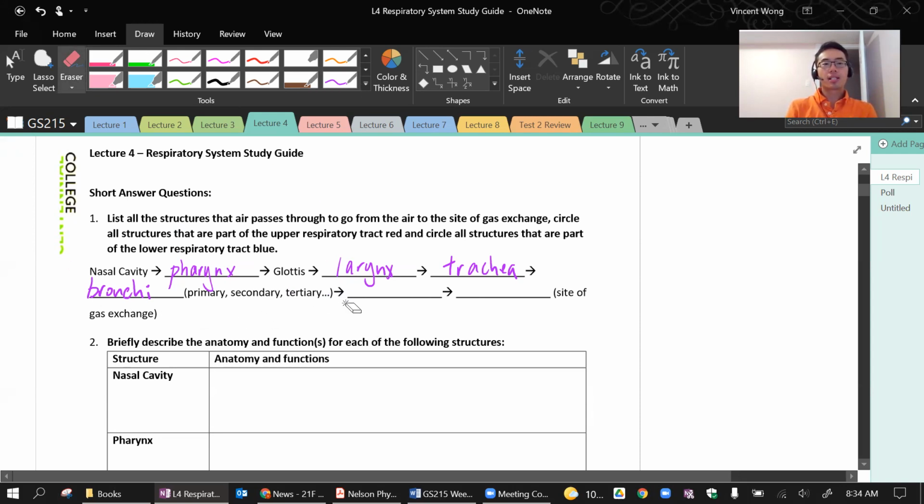As the branching continues, the bronchi eventually become bronchioles. These are smaller airways, even smaller than the bronchi. And at the end of the bronchioles, we have the alveoli.